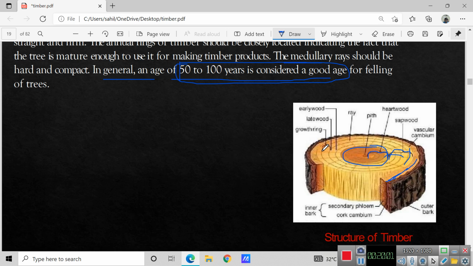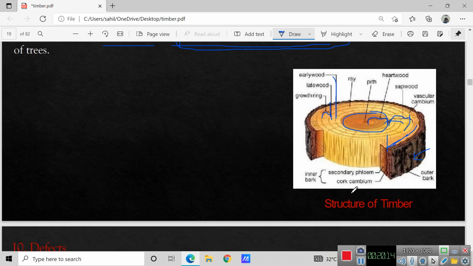You can see the growth ring. This is the late wood and this is the early wood. Now, this is the inner bark and this is the outer bark. Here you can see the bark is divided into two further parts, that is secondary phloem and cork cambium.